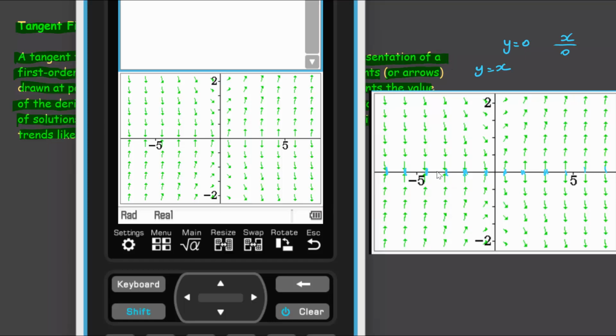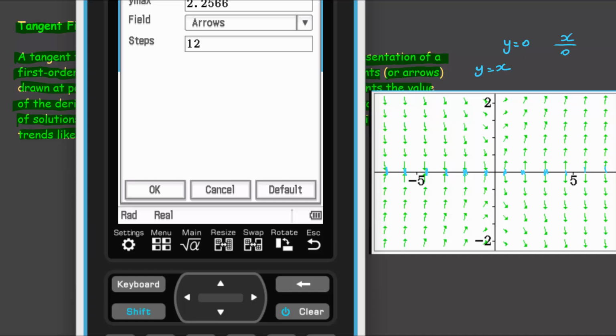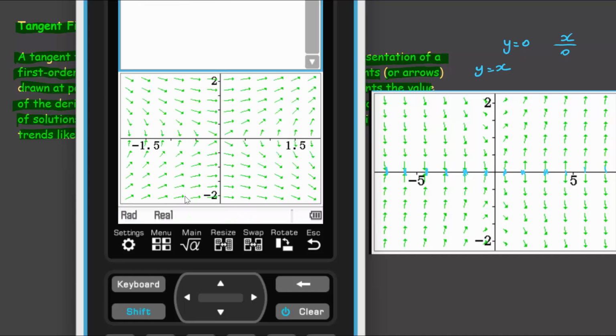Now, let's just see, because the aspect is strange here, because we've got negative 5 to 5 here, and negative 2 to 2 here. Let's just try and make that window square. And I'm not sure that we can do that. But let's just go negative 2 to 2 on that axis as well.